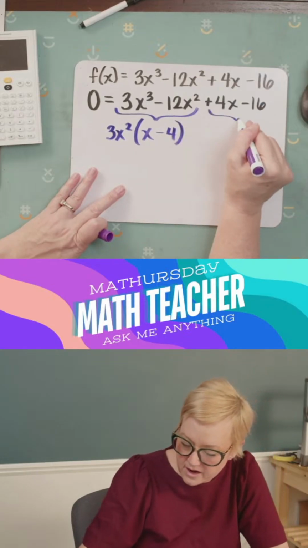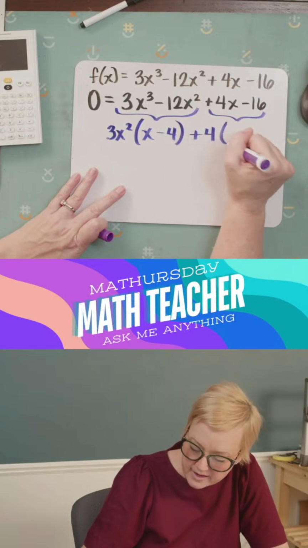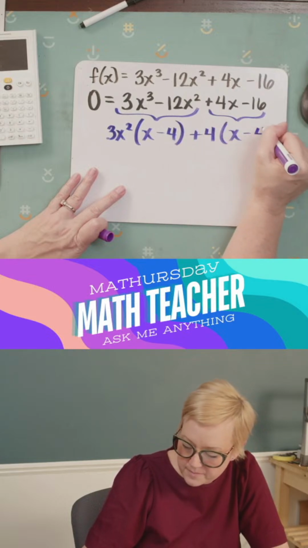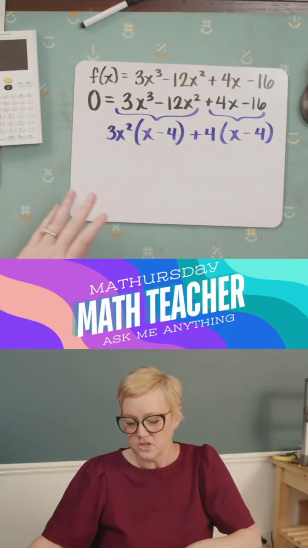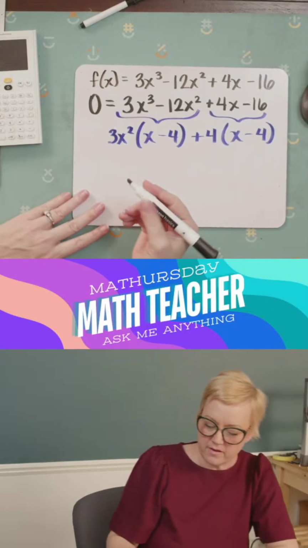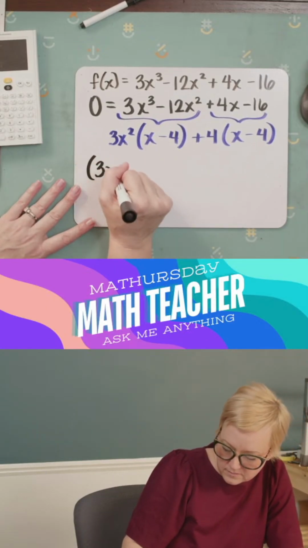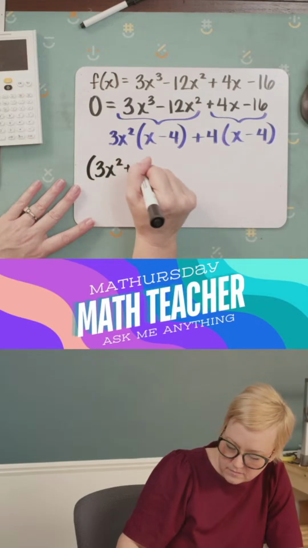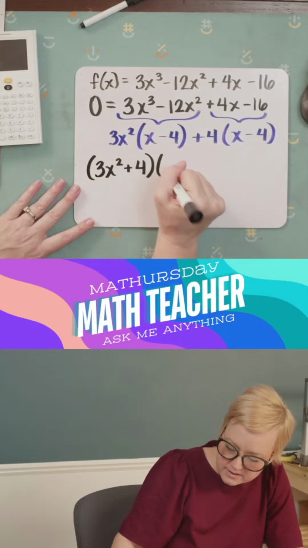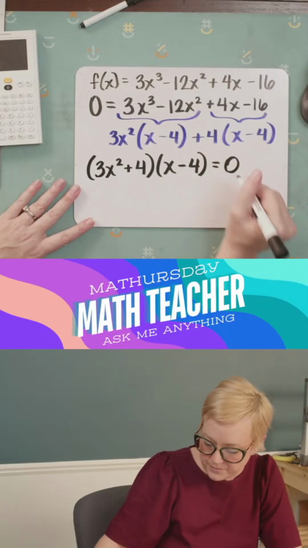And then over here, I can take out a positive 4, and again, I'm left with x minus 4. So I'm just going to flip around the order of this. So I've got 3x squared plus 4 times x minus 4 equals 0.